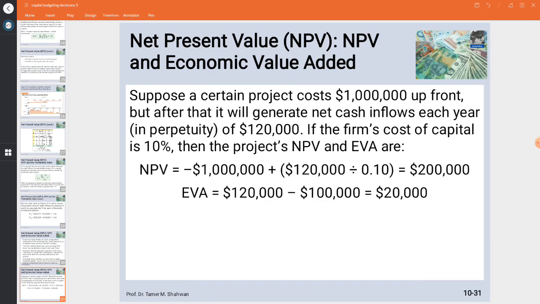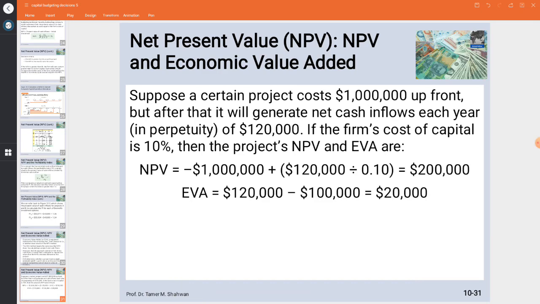Imagine that we have a project. Its initial cost is 1 million, and this project will generate net cash inflows each year in the shape of a perpetuity of 120,000. According to the NPV, it's very easy. NPV is equal to the PV of cash inflows minus the PV of cash outflows.